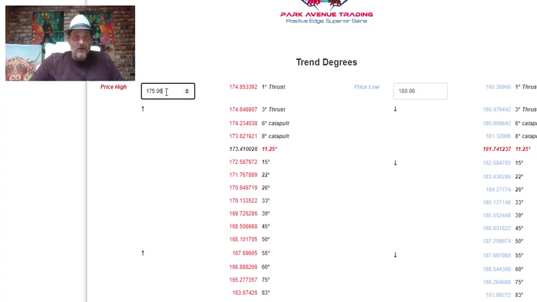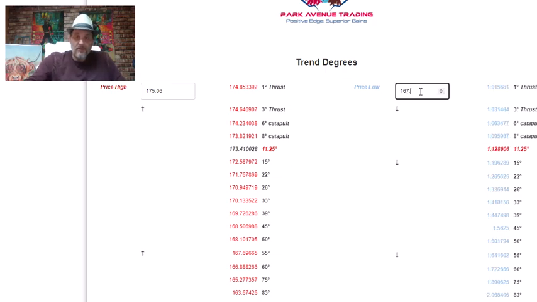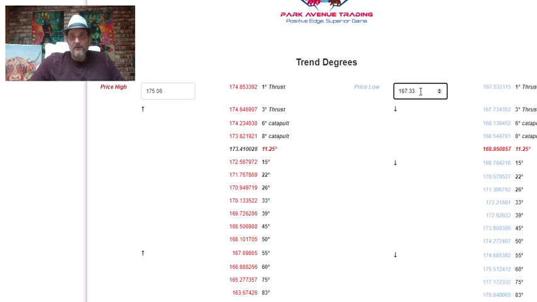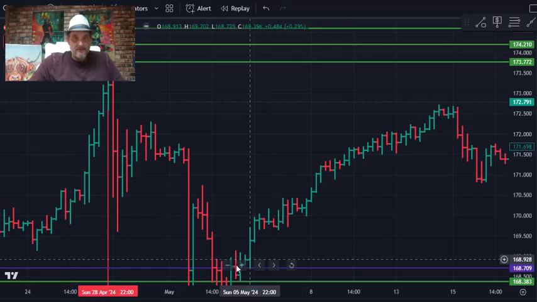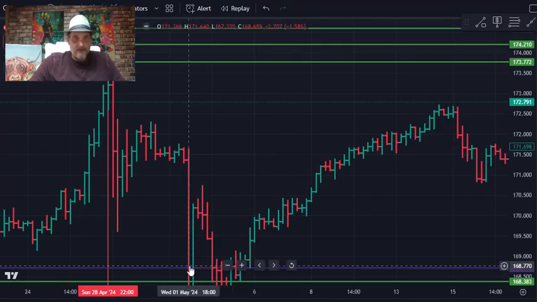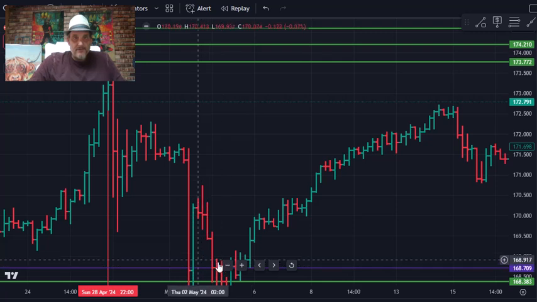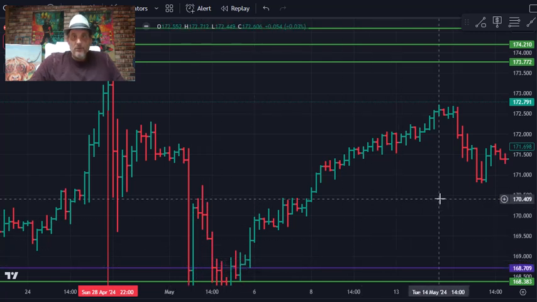But let's look at the trend degree calculator now. If I go from the low, I put the low in at 167.33. That's the low. I'm getting 172.21 as a point. Let me make sure I use the right low. Yes, 167.33 and 172.21. What's the high? 172.71.